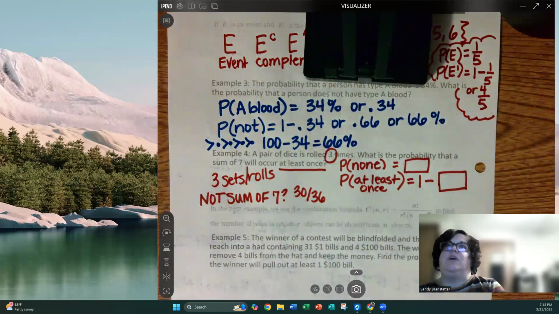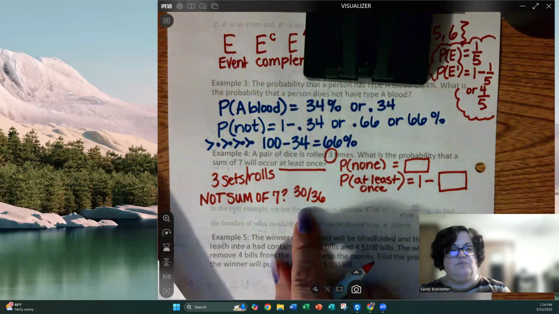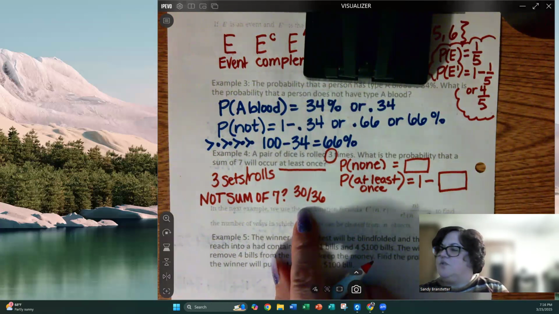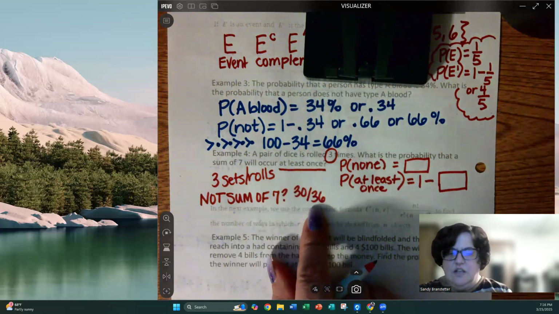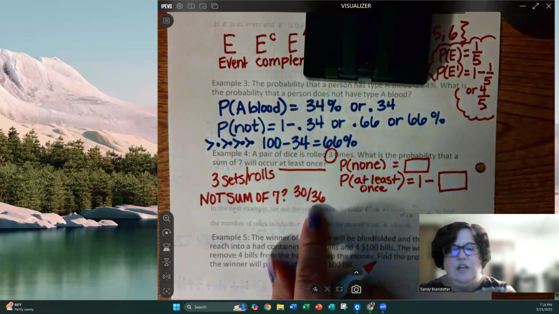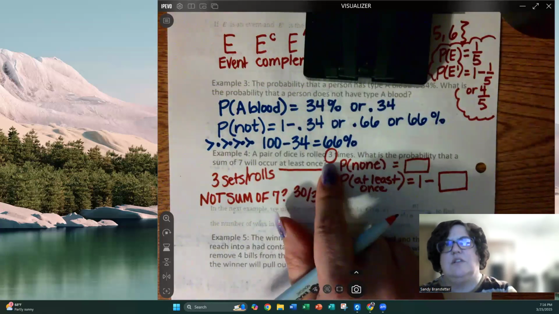Again, I'm rolling a pair of dice 3 times. The probability for each of those rolls is going to be 30 out of 36. Now, question. How many times am I rolling it? 3 times.